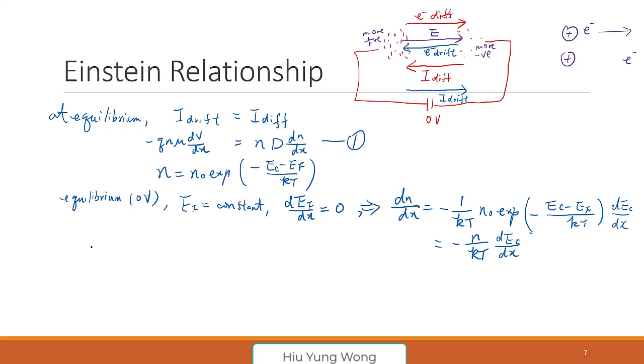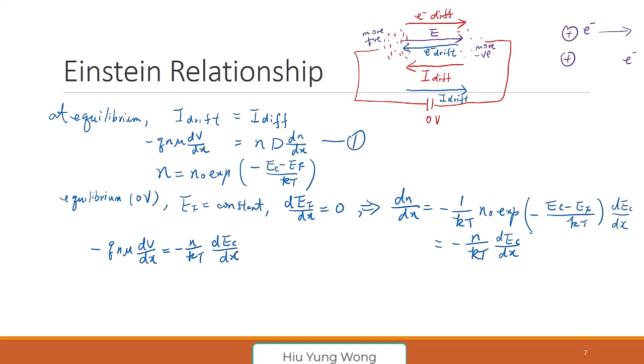It tells us that q n mu dV/dx equals negative n over kT dEc/dx.